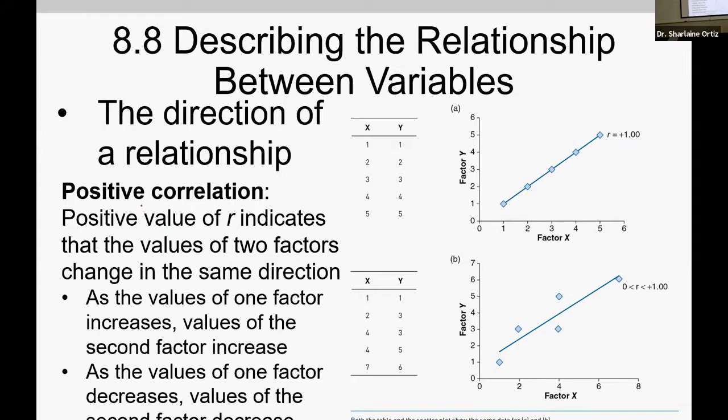Now remember, a positive correlation means that when one value goes in one direction, the other value goes the same direction. It goes upward, in this case, in the illustration that you have here.